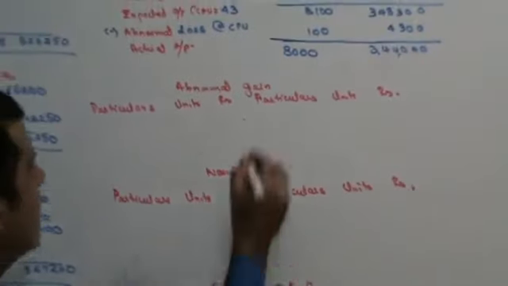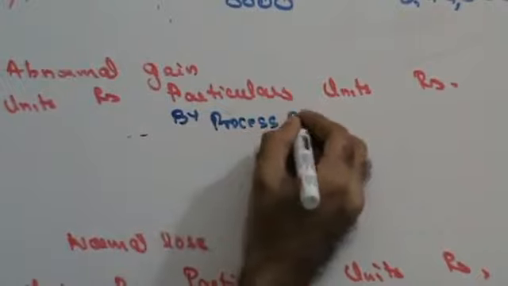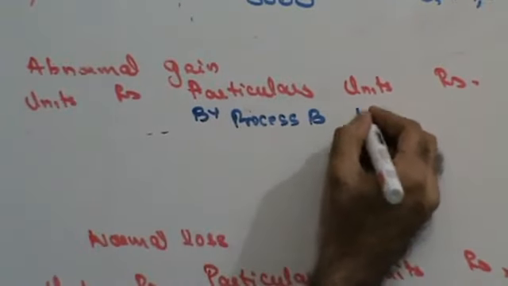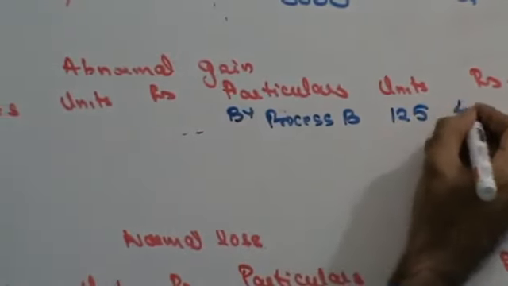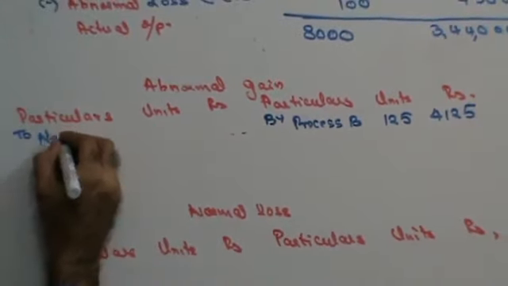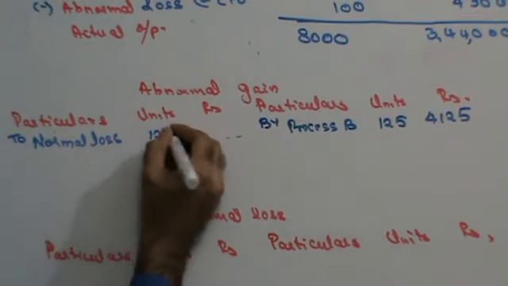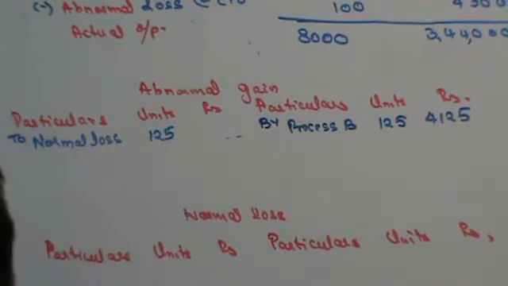Next, let's come to abnormal gain. Abnormal gain I have had only in process B. So this is by process B. Abnormal gain is 125 units, 4,125. This you will write here as to normal loss. 125 units you write it as it is and multiply it by the scrap value. Scrap value of process B is 11.25.